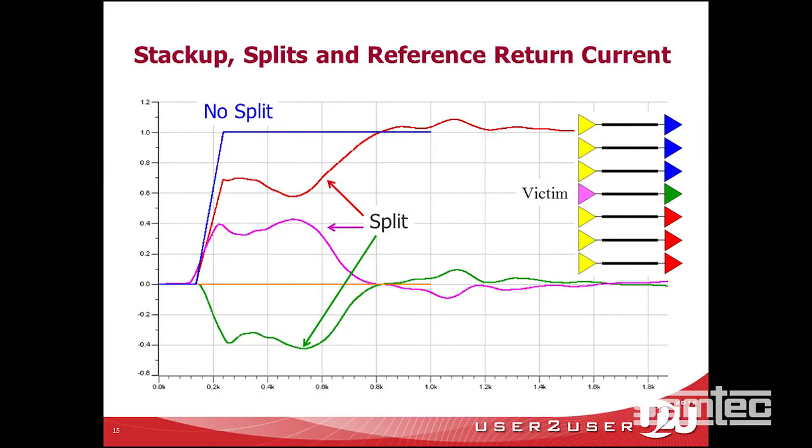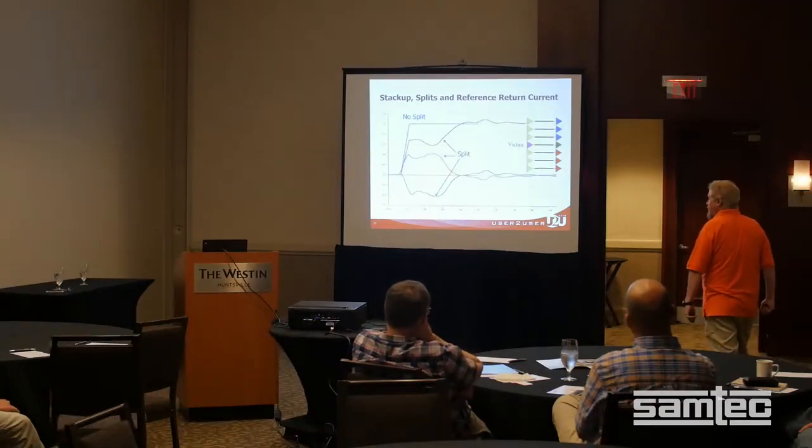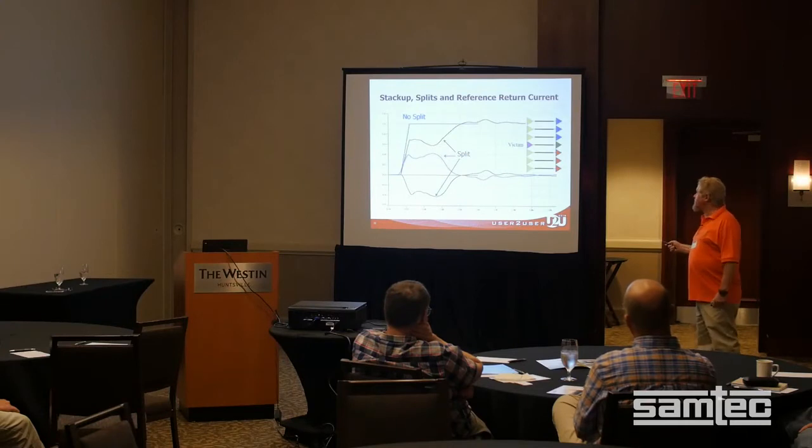As a matter of fact, this is from a 3D simulator. Here are 7 lines. I used the middle one as a victim and fired the other ones, and it went over a split or it changed layers. They look the same, but they changed layers so that the references were not consistent. Reference return current consistency, we call it. Here's what it's supposed to be.